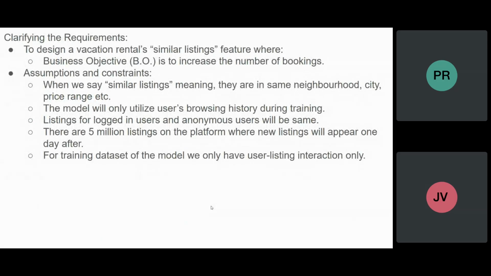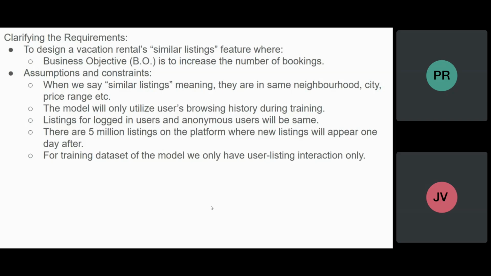Clarifying the requirements. We want to design a vacation rentals similar listing feature where the business objective is to increase the number of bookings. And of course, we will be discussing this system with many constraints and assumptions, so let's go through them.